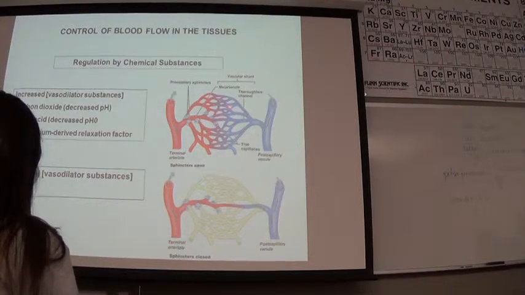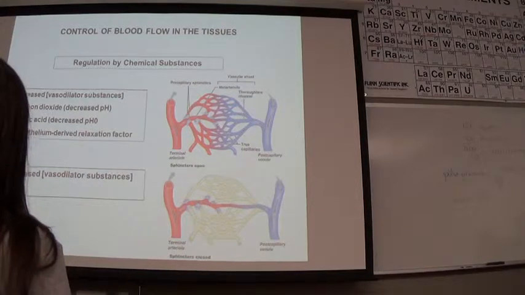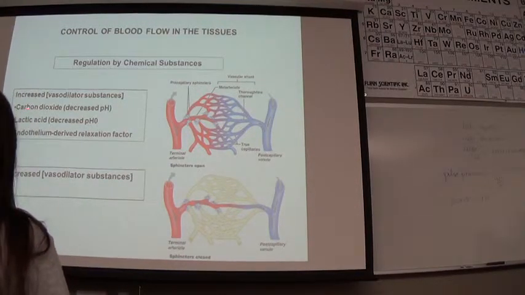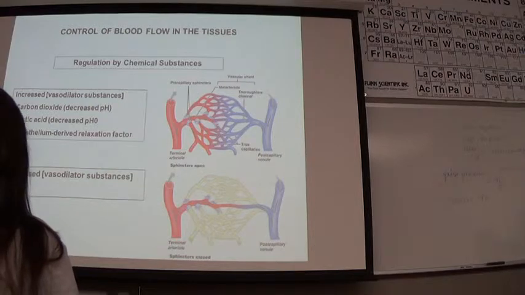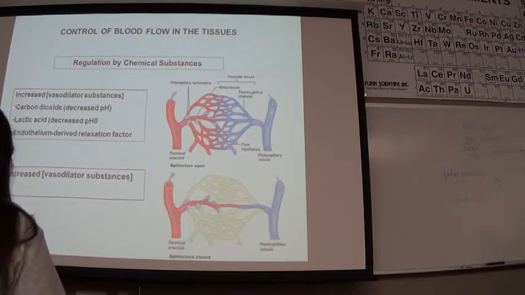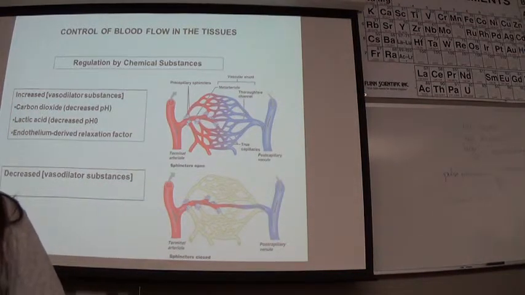So if there's an increased need for oxygen in a tissue, shown by a buildup of carbon dioxide as the cells are using up the oxygen and creating carbon dioxide, or a buildup of lactic acid, or a release of the relaxation factor from these blood vessels themselves, each of these is a vasodilator. So there's a local control at the tissue that can change the diameter of these vessels right here.